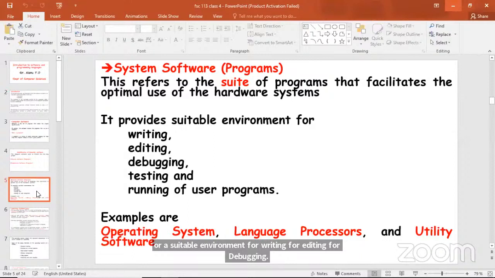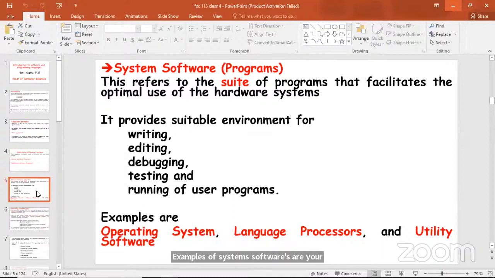Examples of system software are your operating system, which I'm sure you are conversant with, the language processors, and the utility software. As we go on, we'll be looking at these in detail.